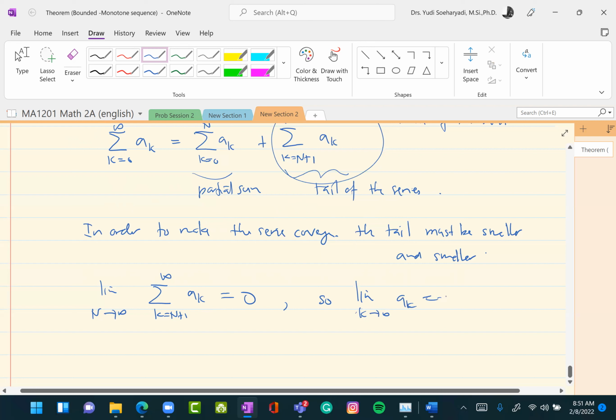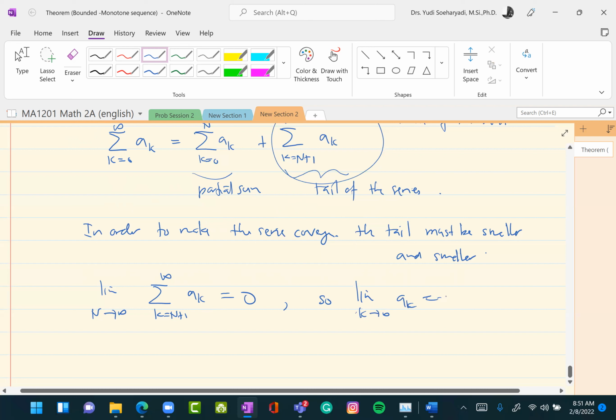Okay, so let's write this statement here. So this test: if the series converges, then this limit is 0.